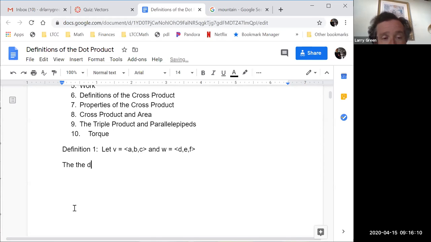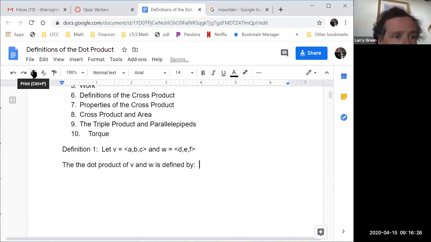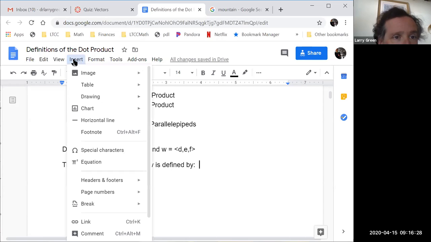Then the dot product of V and W is defined by, and I think I need to go to insert equation.